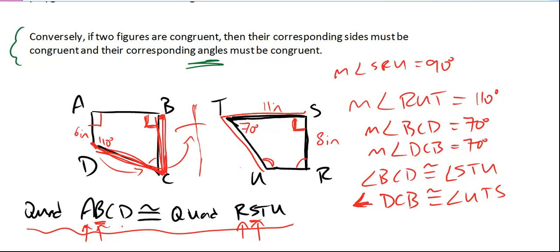Last, I know I'm taking a long time here, but we also can make statements about the side lengths, right? For instance, the measure of AB is the same as the measure of SR, or RS, which is 8 inches. And this ST that's 11 inches should correspond with BC down here.